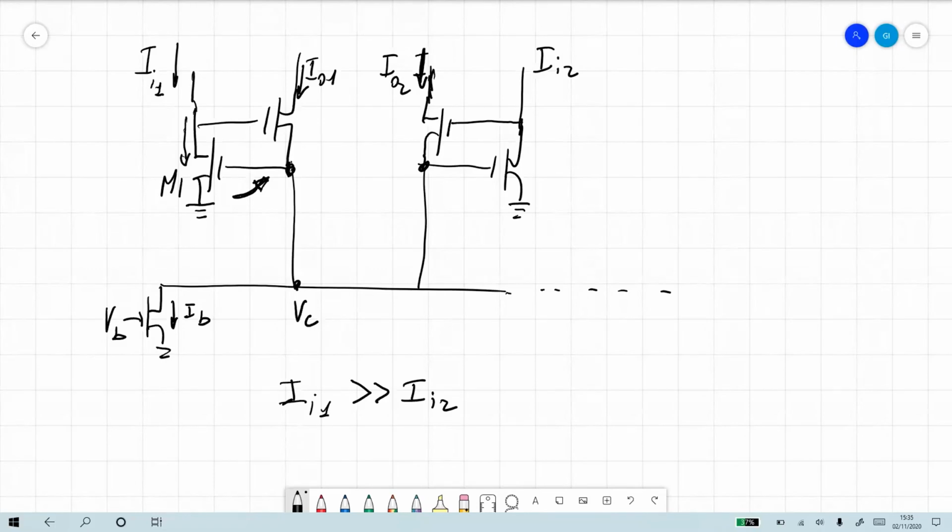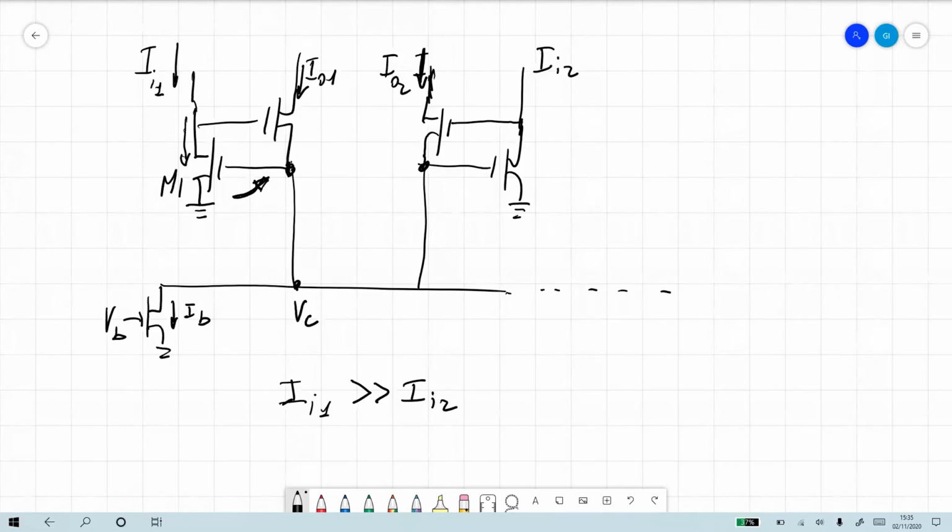So when we are in the ohmic region, the forward and the reverse components are comparable, and you have to take into account both of them. Now let's assume I in 1 is a big current and M1 is in saturation. So in that case, the forward component is dominating, and so VC just goes to the log of I in 1.